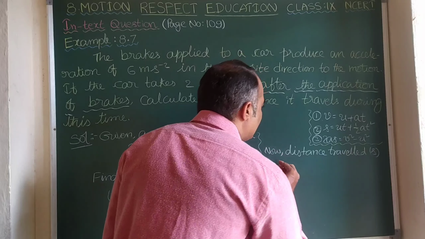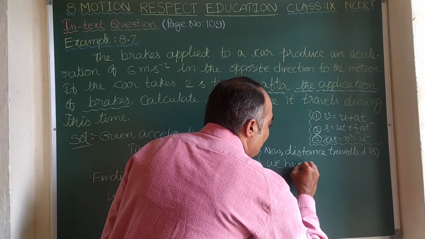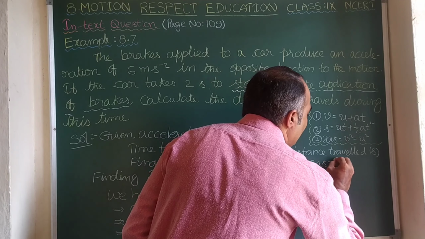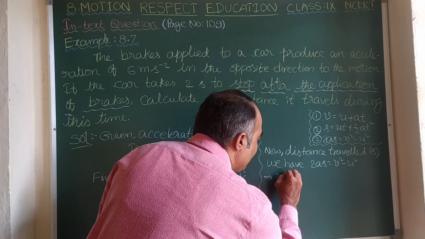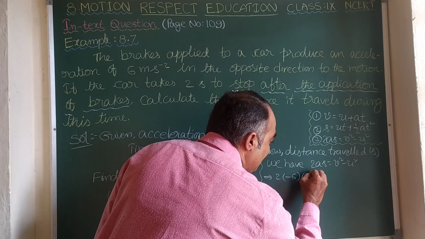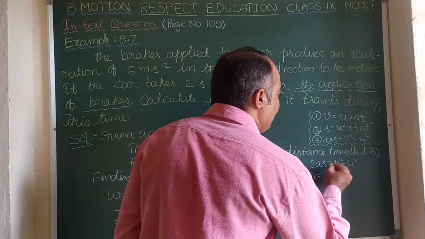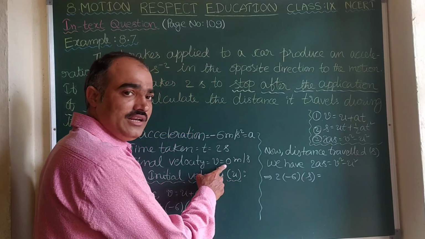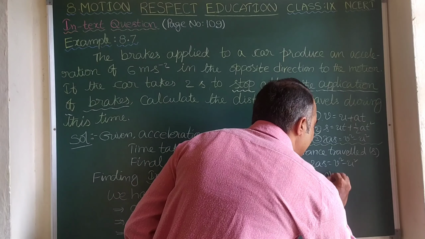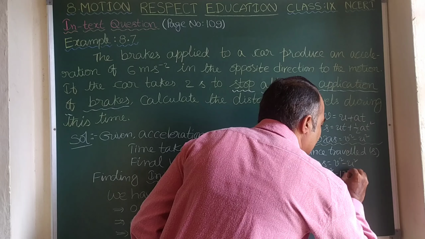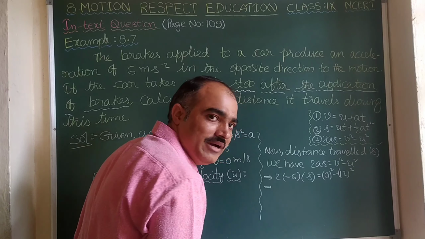So here I am using the third one, that is 2as equals v square minus u square. Let us substitute the values. 2 into a, which is minus 6, into s. Let us write s as it is, because that is what we need to find. Is v square, which is 0 square, minus u square, which is minus 12 square. Let us simplify. 2 into minus 6 is minus 12.